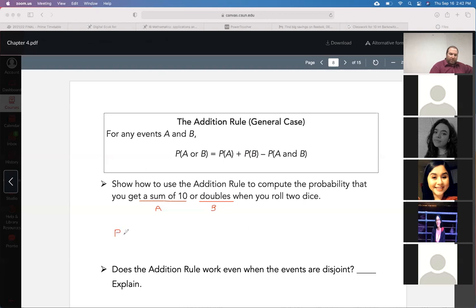So we want the probability of what I'm calling A or B. Now, according to our rule, it's the probability of just getting A plus the probability of just getting B minus the probability of A and B. In our example, what is the probability of rolling A?